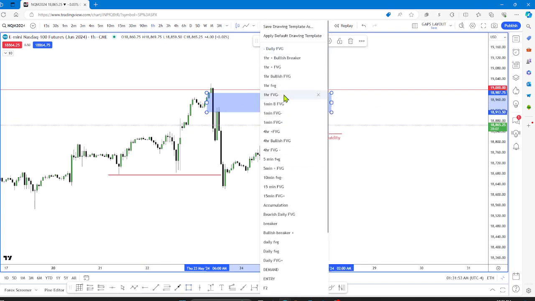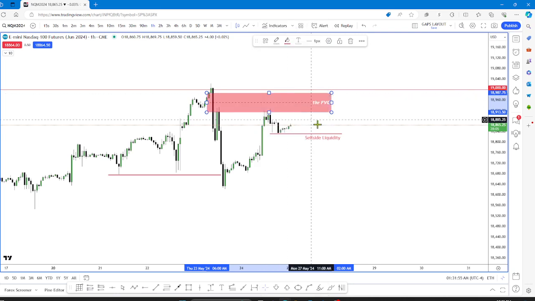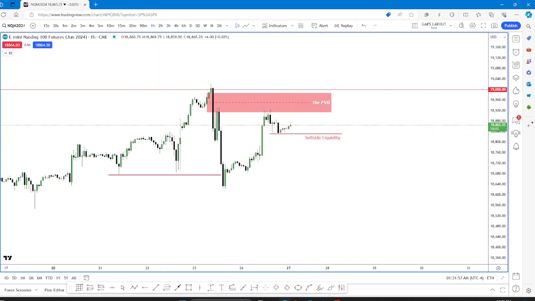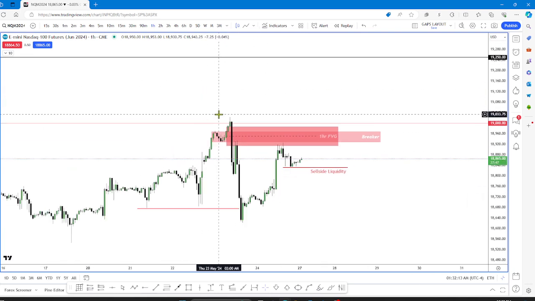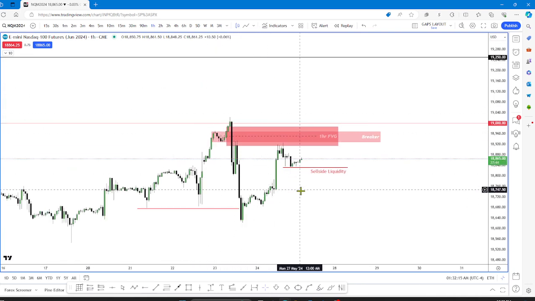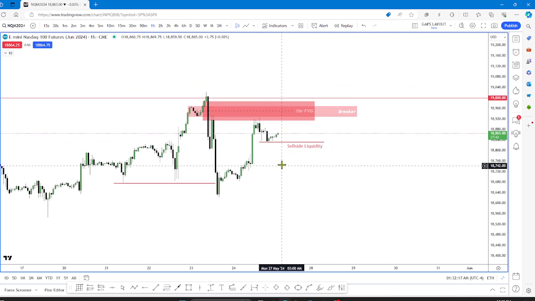So we have this 1 hour SIBI in here, and this 1 hour bearish breaker in here as well. So could maybe come up here and then see if we respect this displacement lower, or if we continue to create higher prices. So we'll know more later in the week as we get some more information on Tuesday.